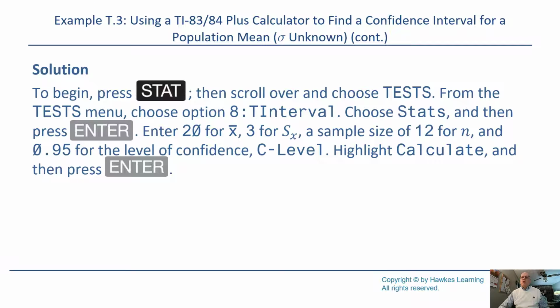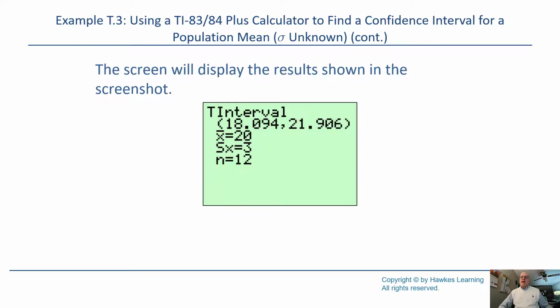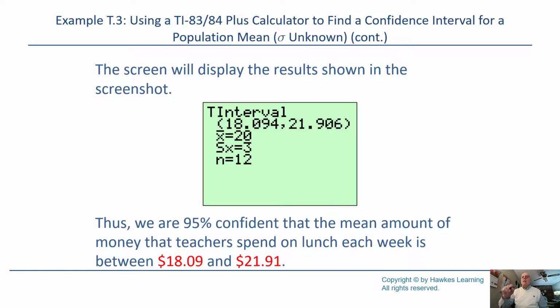Enter 20 for X bar, 3 for S, 12 for N, 0.95 for level of confidence, and down to calculate where you'll hit enter. And you should see something like this. And there's some good wording for you. If you didn't get the previous one, the wording is basically the same, just the numbers are different because it's a different sample.